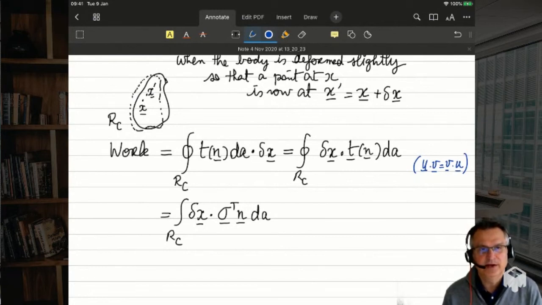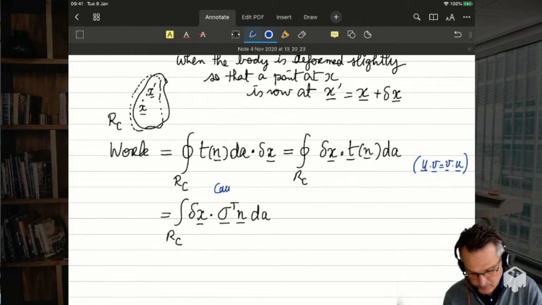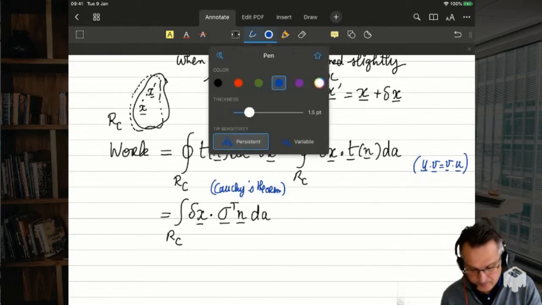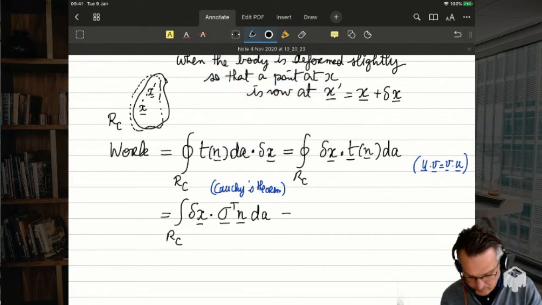Then in the second line, I'm using Cauchy's theorem, which tells you that t is sigma n. Now I'm going to swap again.